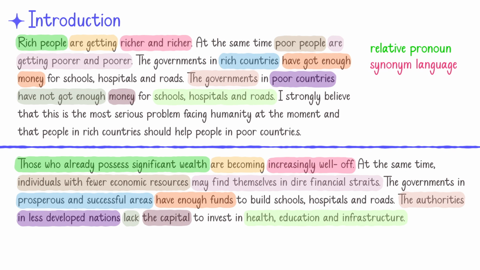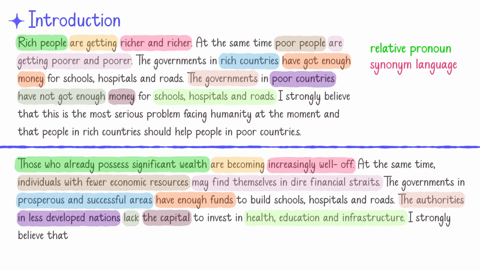All right? Now, the last sentence is our thesis statement in the introduction. What we had in our introduction was that I strongly believe that this is the most serious problem facing humanity at the moment, and that people in rich countries should help people in poor countries.